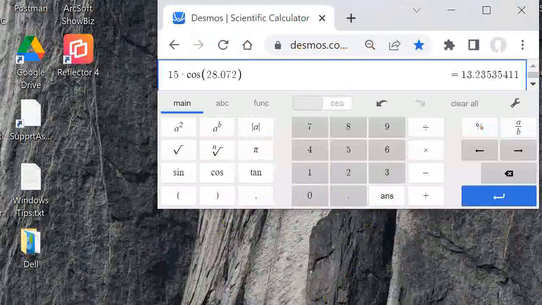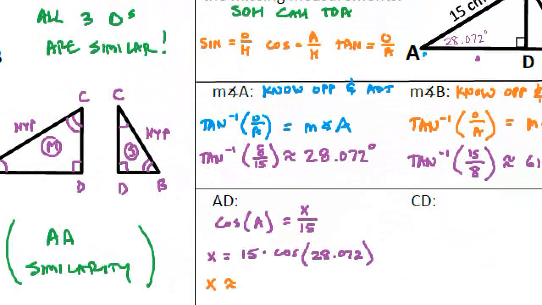Sorry about that. So it's approximately 13.24, and our unit of measure is centimeters. So, there we go. We could use trigonometry to find that one.